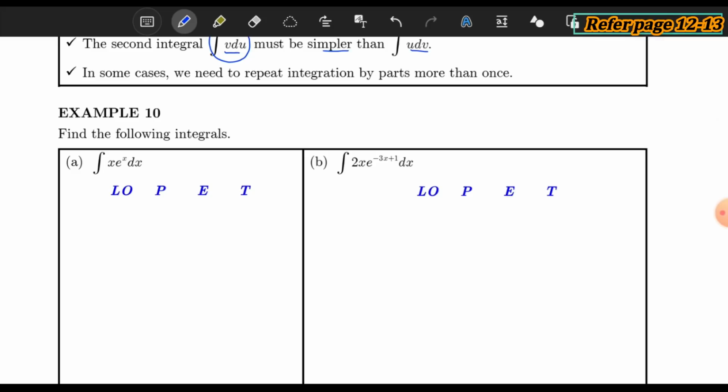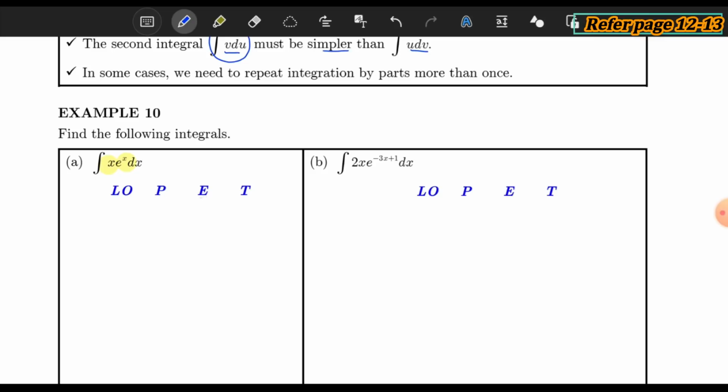Find the following integrals. If you look at the given function, we have x. x is a polynomial and exponent is an exponential function. Usually, we will use the by parts method if both functions are from different families. Now for integration by parts, we need to choose u.